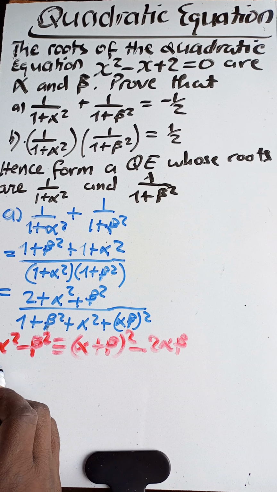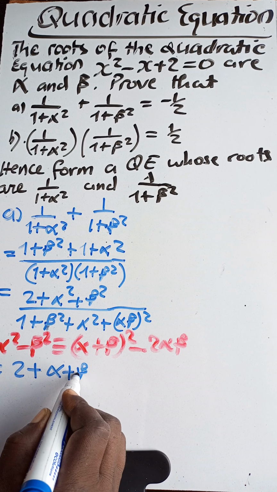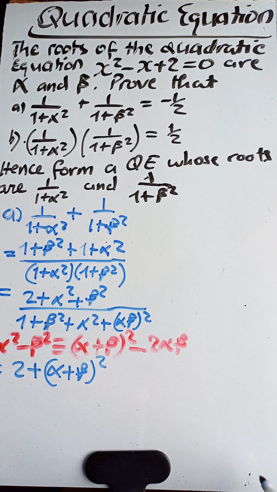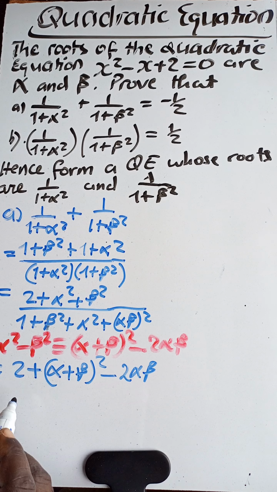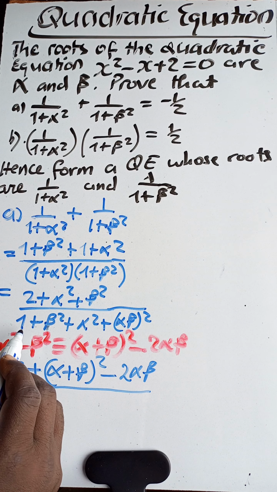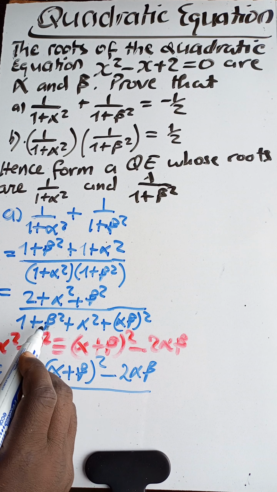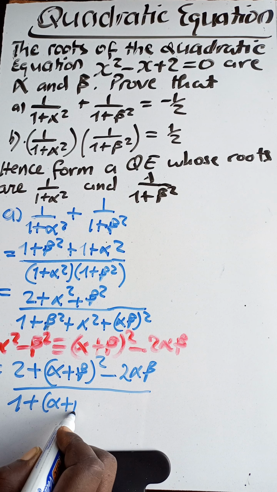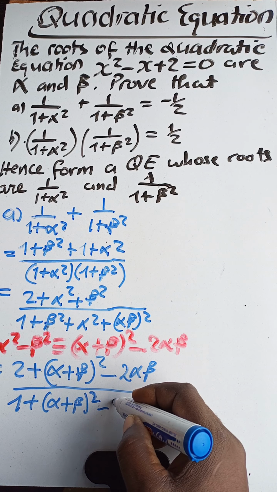That gives us 2 plus alpha plus beta all squared minus 2 alpha beta all over, we also have alpha plus beta squared again, so we're going to use that same identity. So we have 1 plus alpha plus beta all squared minus 2 alpha beta plus alpha beta all squared.